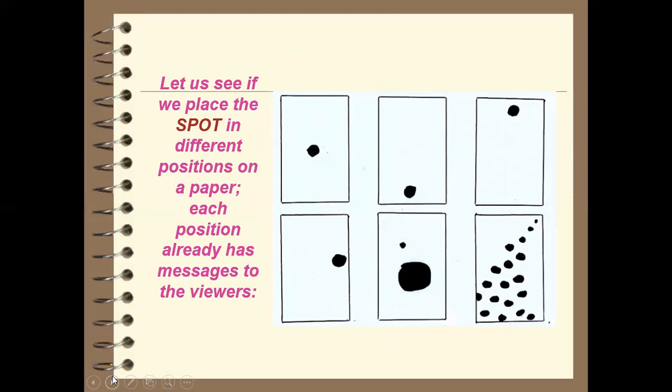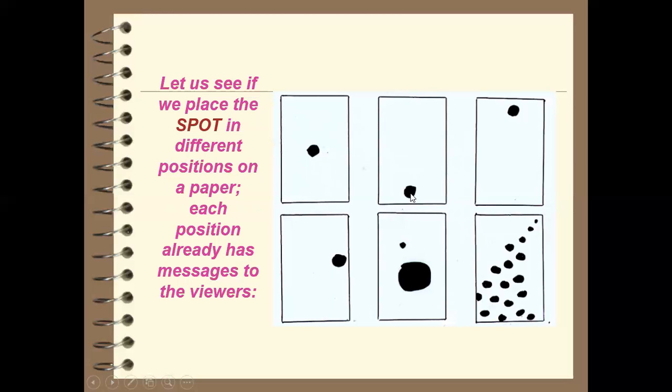Let us see if we place the spot in different positions on a paper, each position already has messages to the viewers. For example, if the spot is at the center of the paper, then you can feel that it's just chilling there, it's floating, it's calm and relaxed.